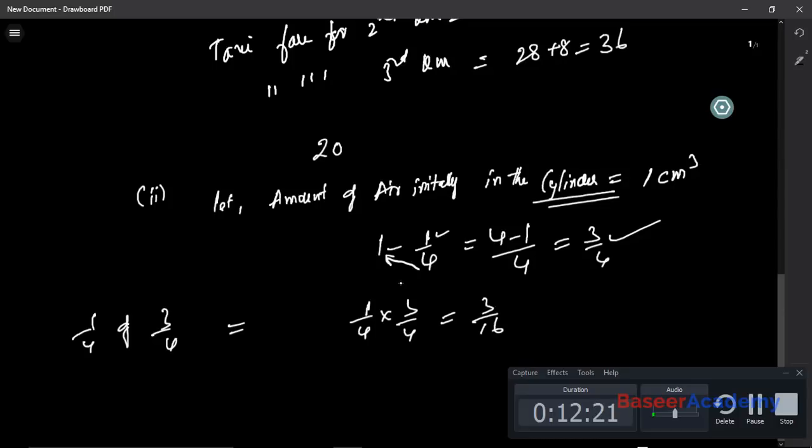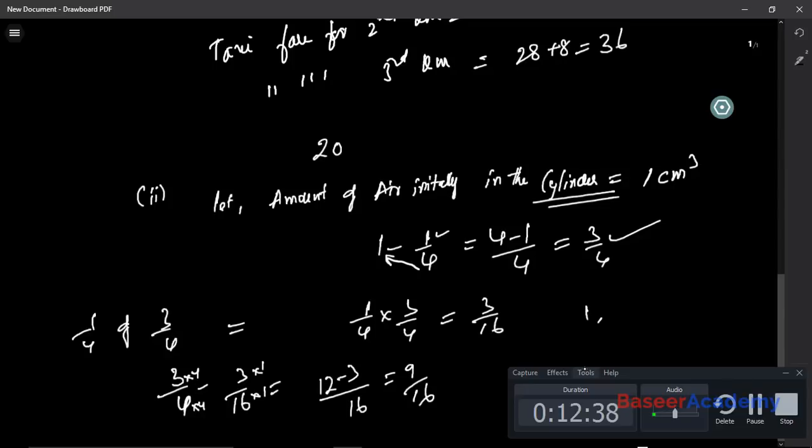So I'll have to remove 3/16 from the available air, which is 3/4. LCM is 16. 4 4s is 16. 16 1s is 16. So this is 9/16. So I get this as the list of numbers.